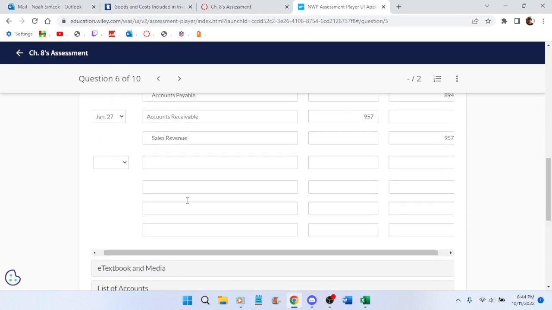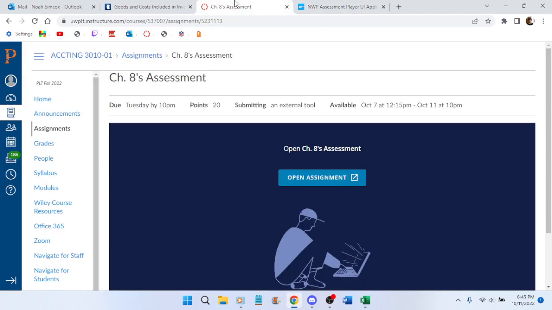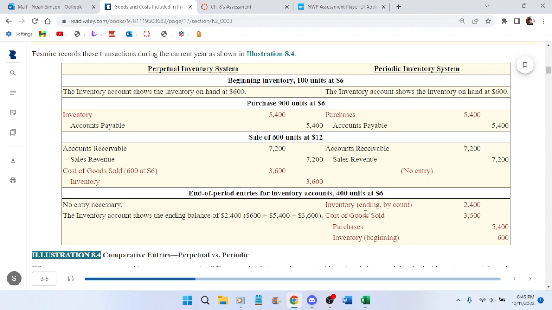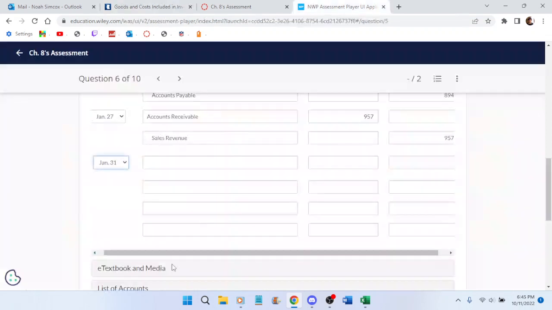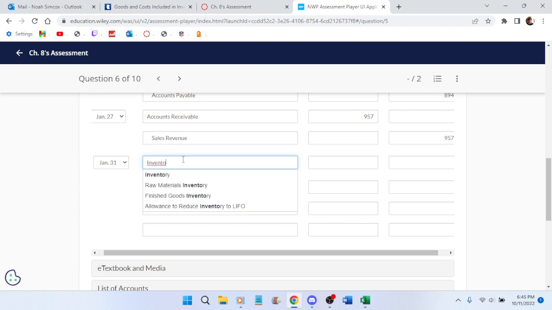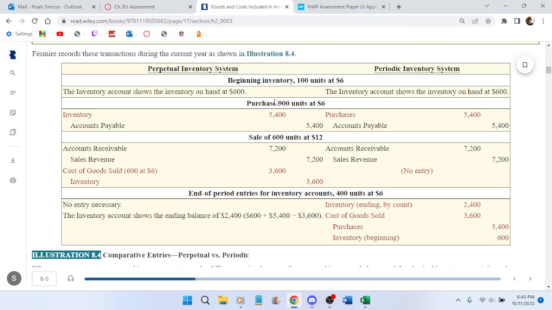Now we have some entries at the end. According to this, we do inventory, ending by count, and cost of goods sold.